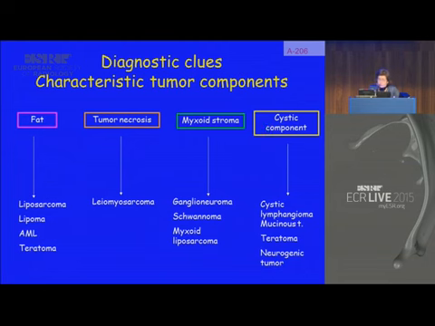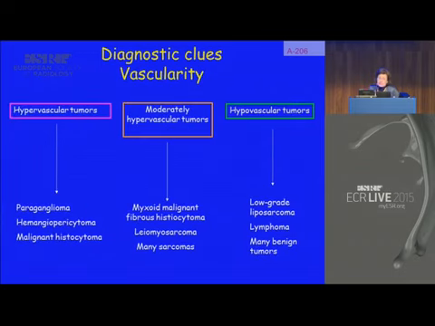This slide summarizes the main diagnostic clues with the detection of fat, of tumor necrosis, of a myxoid stroma, and of a cystic component. You can see the main differential diagnoses of these masses. And this slide summarizes the diagnostic clues regarding vascularity.